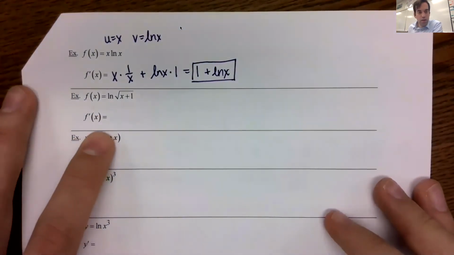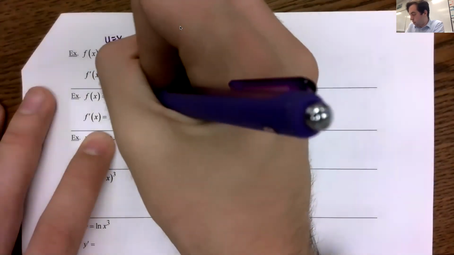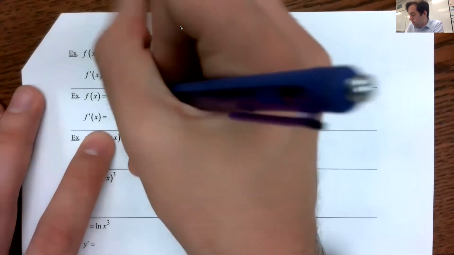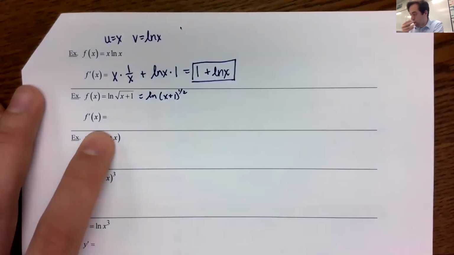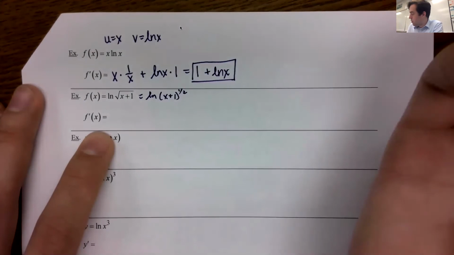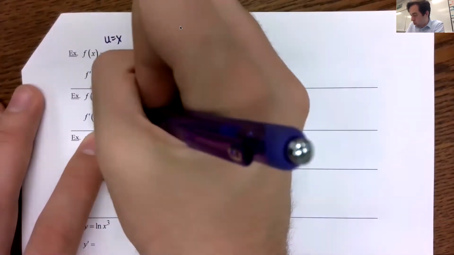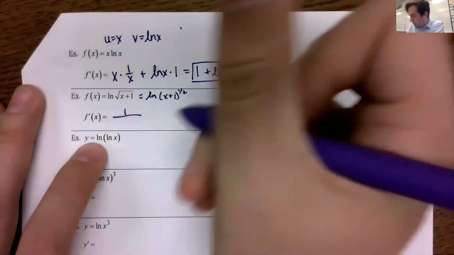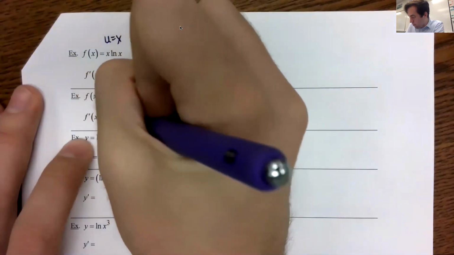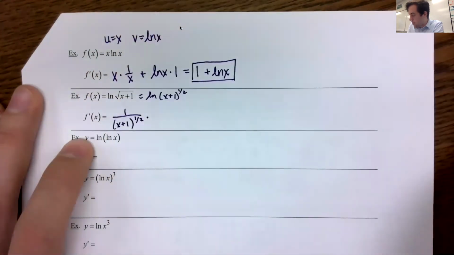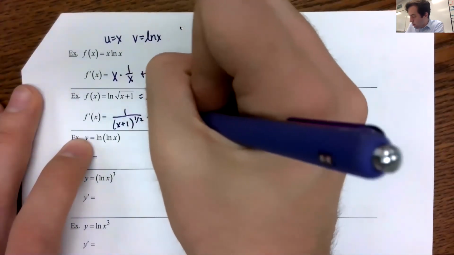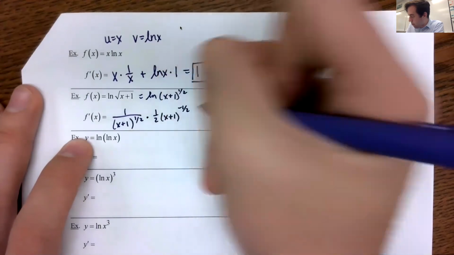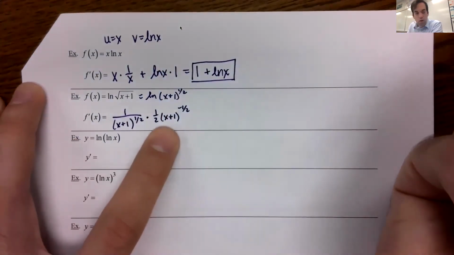In the second one, we have the natural log of the square root of x plus 1. So I'm going to think of that as the natural log of x plus 1 to the 1/2. So when we take the derivative, just like before, we do 1 over the inside, x plus 1 to the 1/2, times the derivative, which is going to be 1/2 x plus 1 to the negative 1/2, times the derivative of x plus 1, which is just 1.